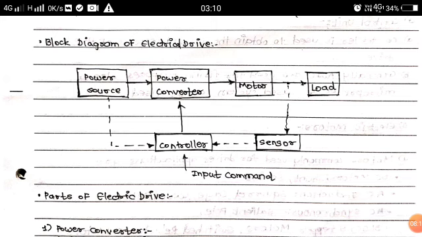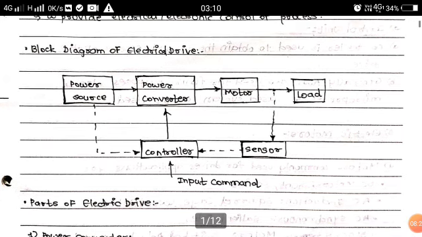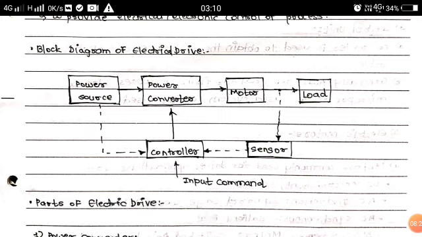So obviously the sensor, the controller, and whatever signals are given to the controller or given by the controller are of control level. So control signals are of electronic level, because mostly the controller could be a microcontroller or any electronic circuit made up of some op amps or like that.